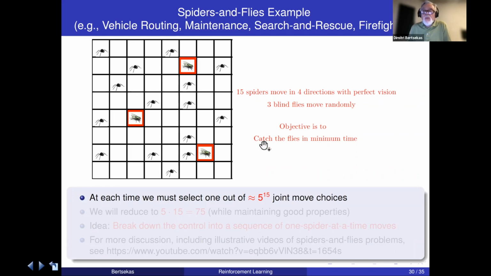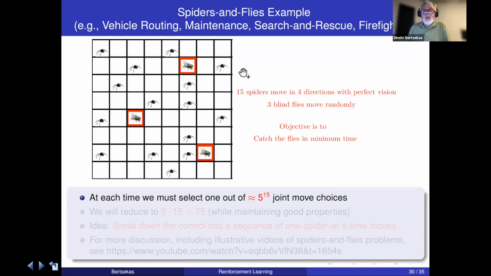The objective is for the spiders to catch the flies in minimum time. And the flies are passive and blind. They may stay still or they may move randomly. However, the spiders can observe the flies. They know where they are at every step.